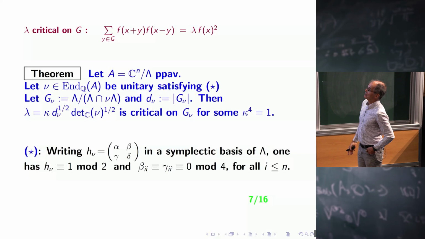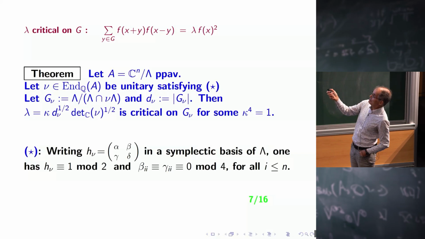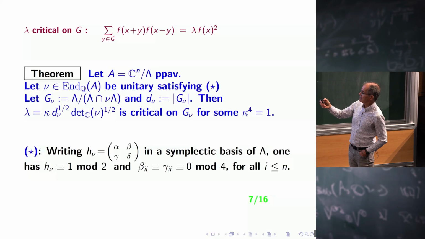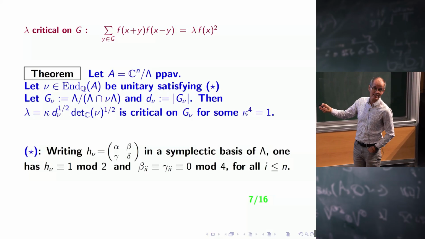Okay, so I want to do two things. First thing, I want to explain why this theorem implies the two propositions and even another one. And what's the difficulty? The difficulty is that these statements are about a cyclic group. And here I have a construction with higher dimensional Abelian varieties. And my group G has no reason to be cyclic.